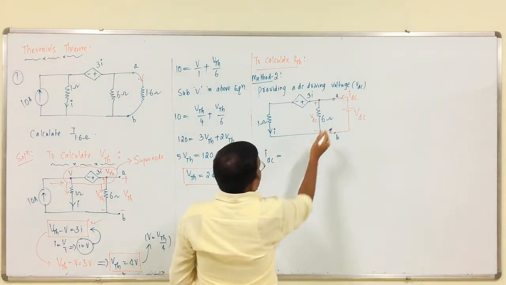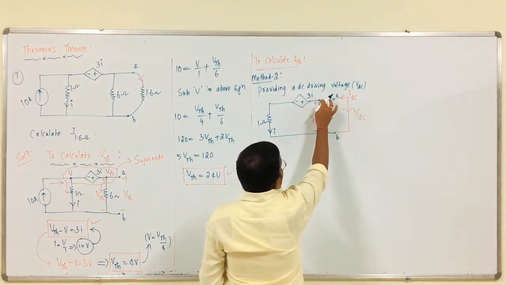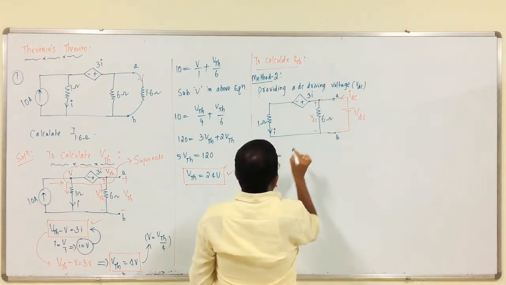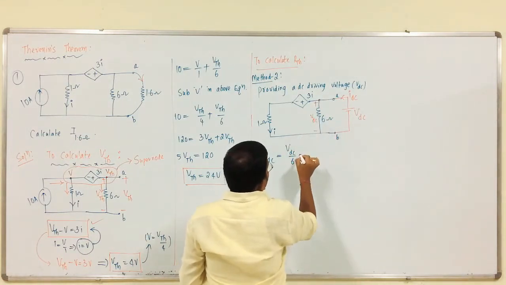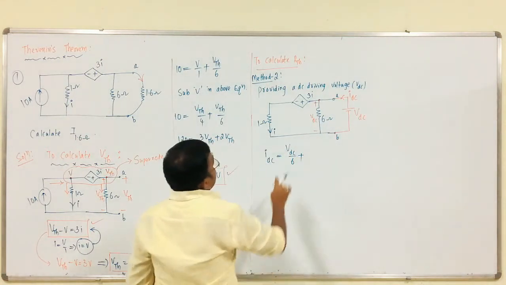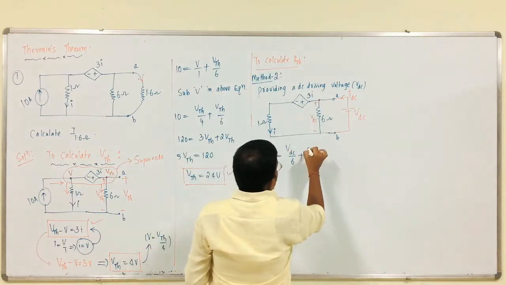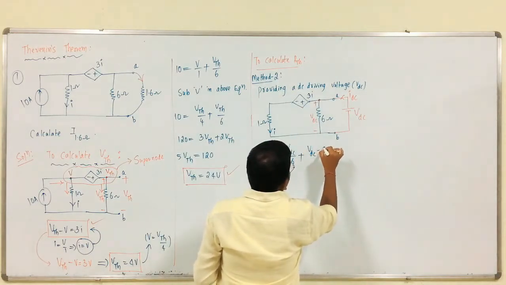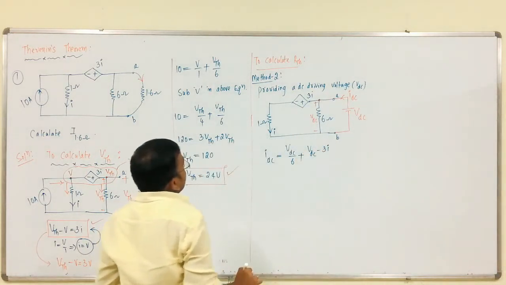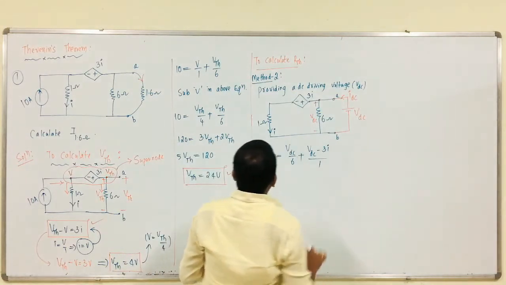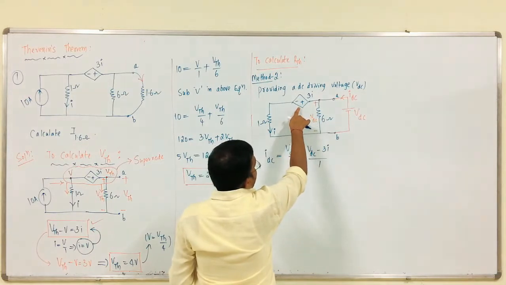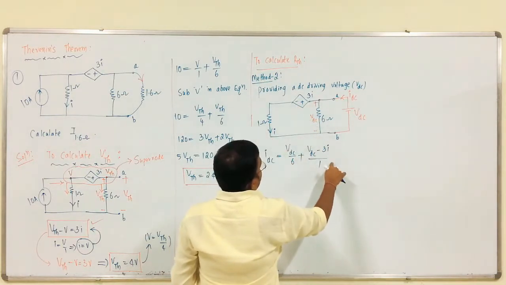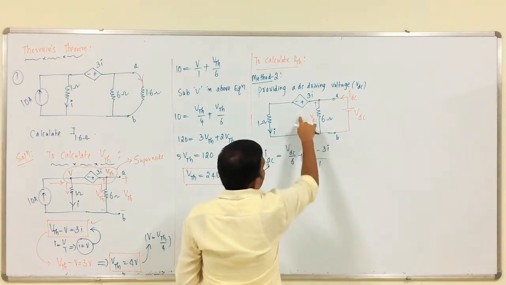Current IDC entering at this node, and from this VDC by 6 plus, see, this is voltage, right. VDC minus 3I by 1, VDC minus 3, this is the value of voltage, minus 1, which is equal to, sorry, minus 3I by 1.